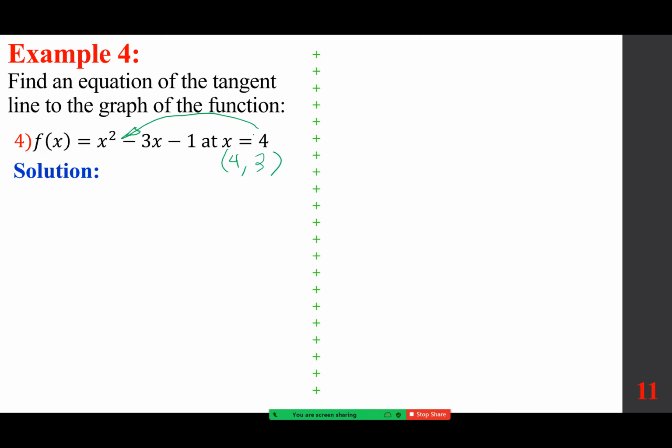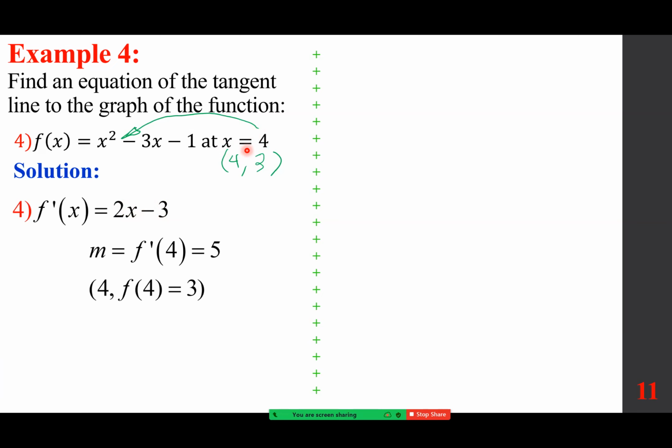is 3. Now to find the slope, first you have to differentiate. F prime of x is simply 2x minus 3. And now if I plug in 4 into this, 2 times 4, 8 minus 3 is 5. That is the slope. So 4 into f prime of x gives us the slope. 4 into the original function gives us the pair.